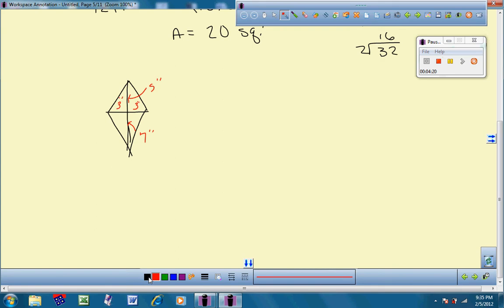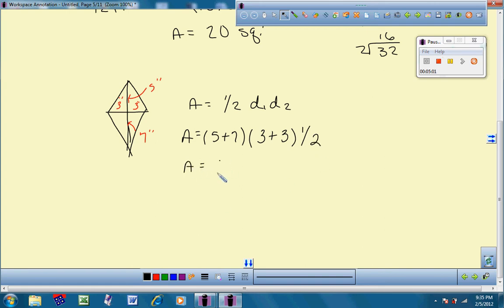Area says we have to take half of the product of both of our diagonals, D1 and D2. If we look at my vertical diagonal, we have to add the two segment parts together to get the whole diagonal, so that's 5 plus 7. Then we add the two segments that form the horizontal diagonal, which is 3 and 3. The area is going to be half of that.